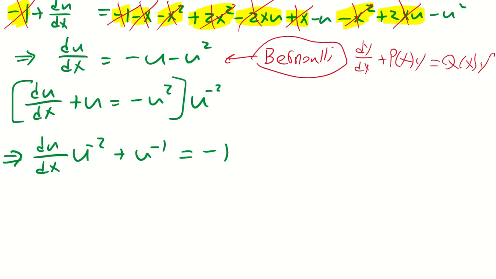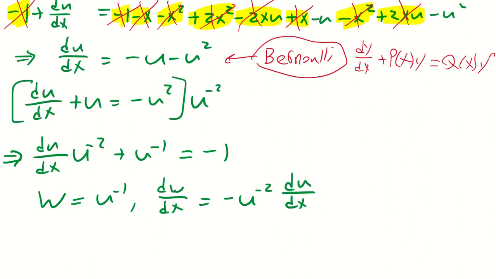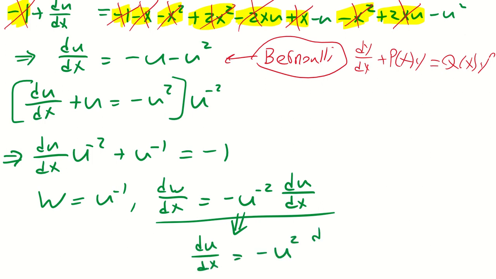And then we'll do our substitution. We'll let w equal u to the minus 1, take its derivative. So dw dx is equal to minus u to the minus 2 power du dx. And from that, it follows that du dx is equal to minus u squared dw dx. We can make our appropriate substitutions. We have du dx, and we have a w.